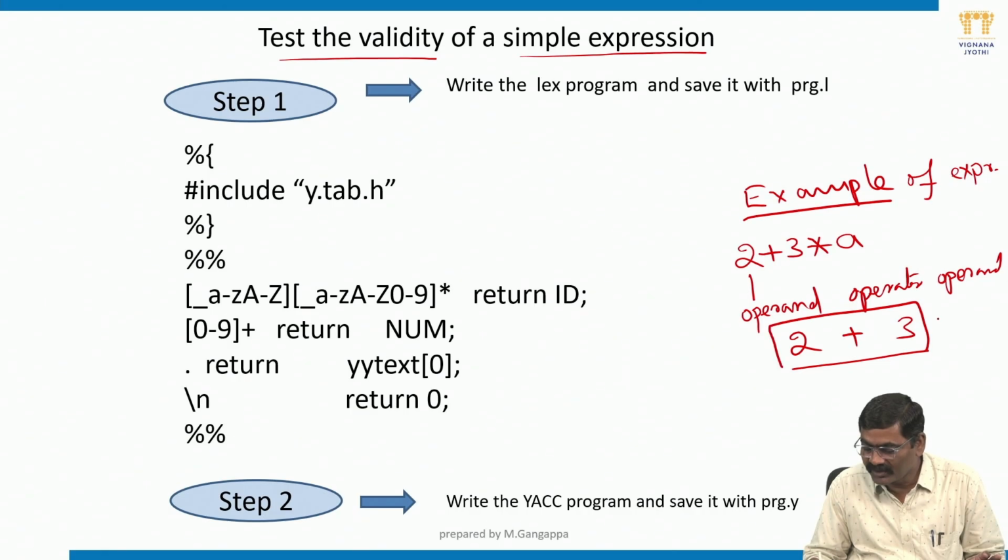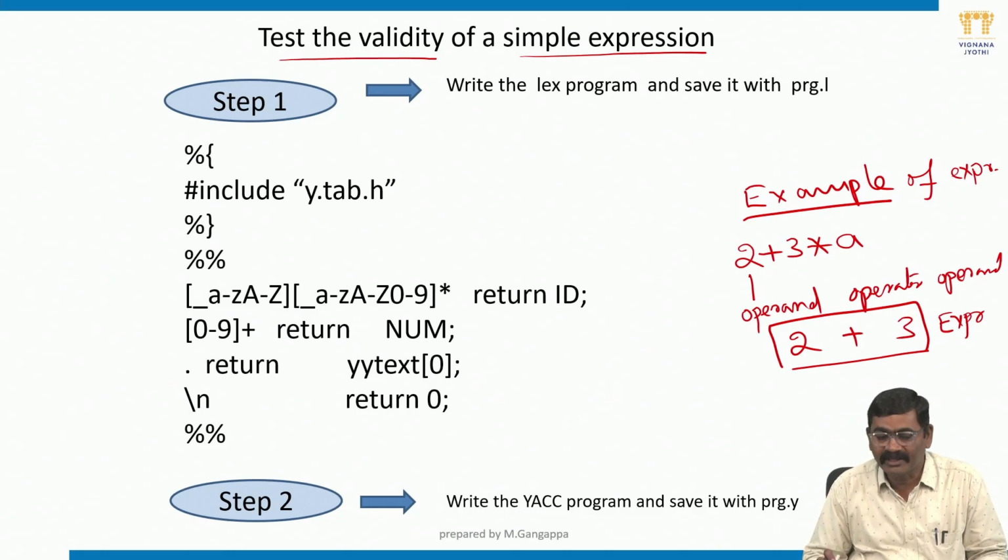An expression can be represented as operand, operator, operand. Suppose the entire expression, I mean a complex expression, follows the operand, operator, operand formula or not. To check that, we need one grammar. So that grammar is the expression grammar or arithmetic grammar. Using that arithmetic grammar, we can verify it.